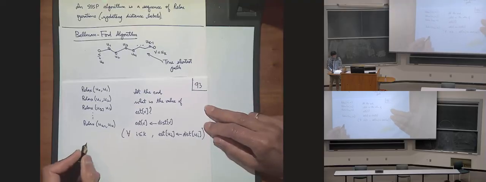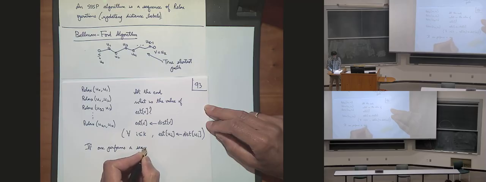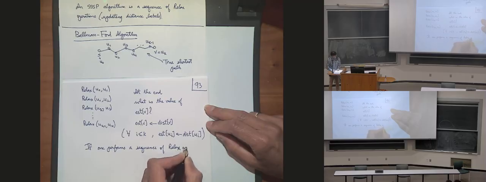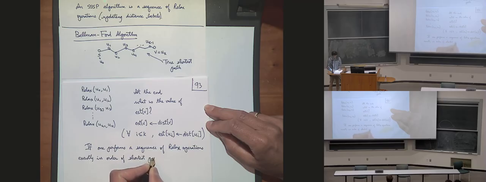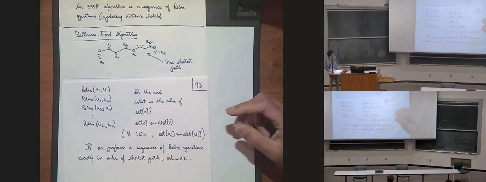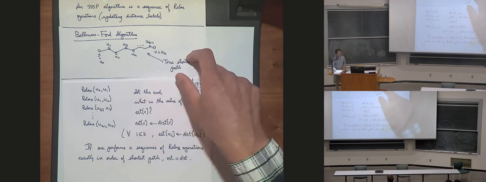What this means is if one performs a sequence of relax operations exactly in the order of the shortest path, then the estimate becomes equal to the distance. It will converge. Yeah? And this is going to be true for any shortest path.